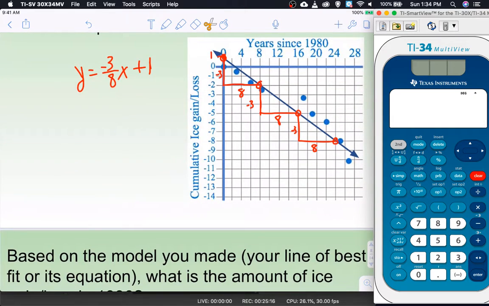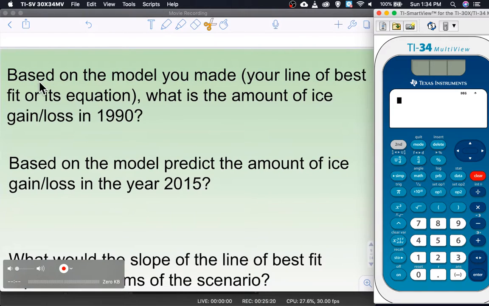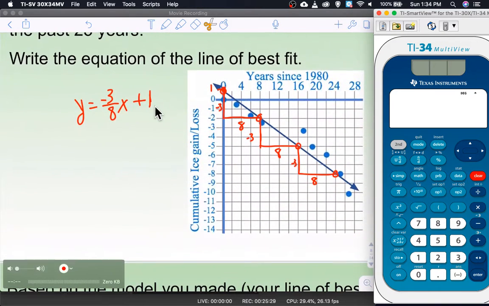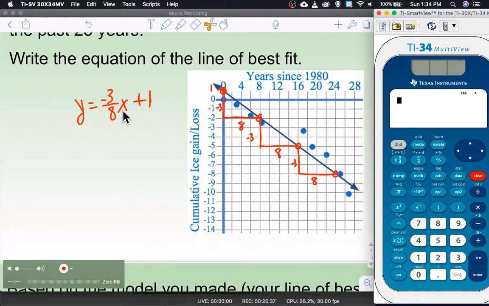Let's see. Based on the model you made, the line of best fit or its equation, what is the amount of ice gain or loss in the year 1990? Can I find that from the picture? Well, I'm even wondering, how would I plug in 1990 in my equation? What is this x variable? Is this the year?